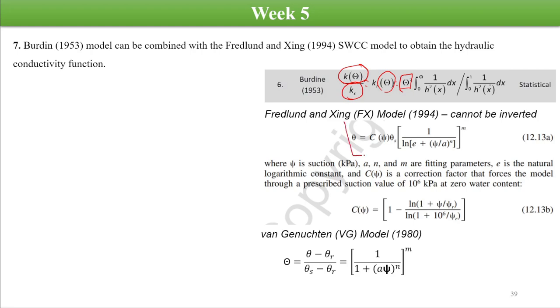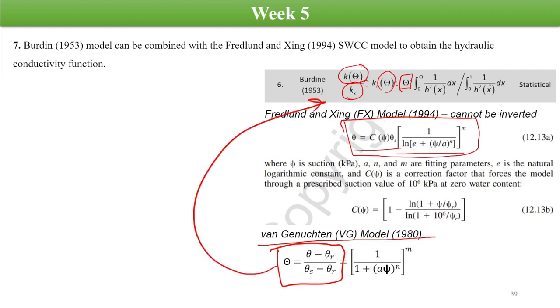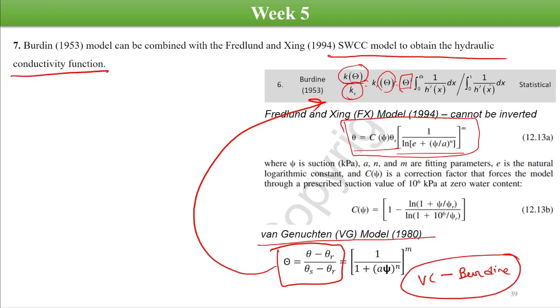From the Fredlund and Xing model it is very hard to find the normalized value, but from the van Genuchten model we can find the normalized value and put it in the Burdine model. So this Burdine model is usually combined with the van Genuchten model to obtain the hydraulic conductivity function.